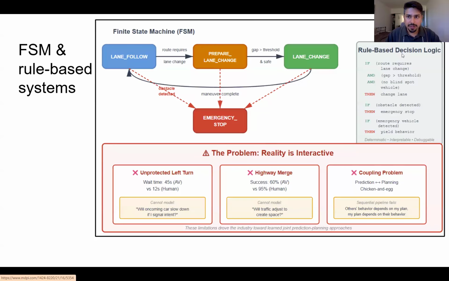So as I said, a finite state machine itself has different states. And in this case, you can have different states such as lane follow, lane change, preparing for lane change, which is more granular, and emergency stopping action. So as you can see, you then need to define all of these interactions in the states that you have for the finite state machine.